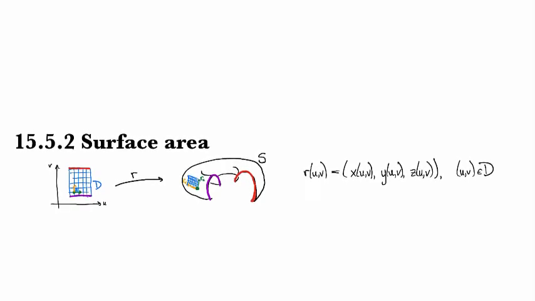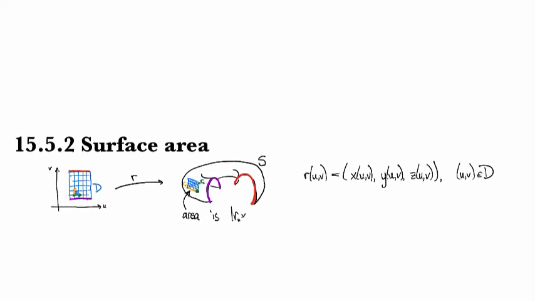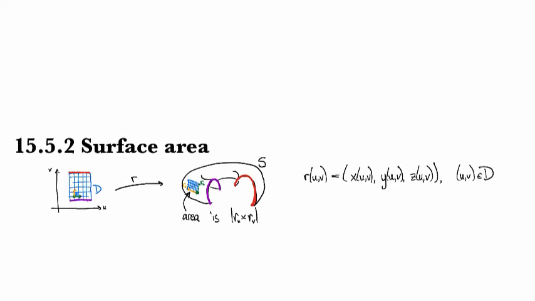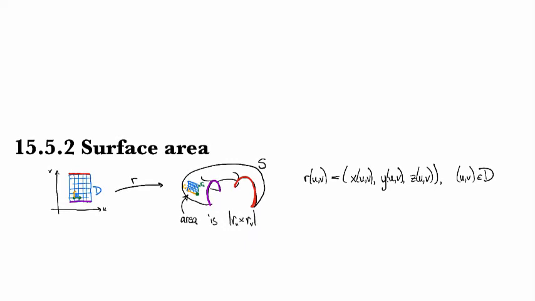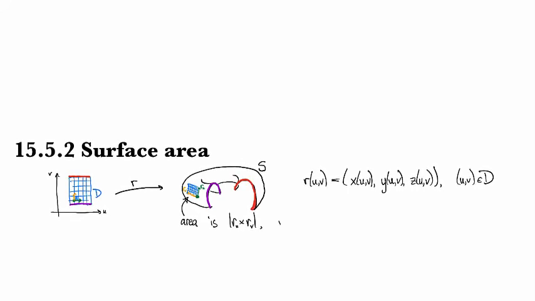And the area here is going to be the magnitude of R_u cross R_v. Remember, one of the properties of the cross product is that the magnitude of the cross product vector is the area of the parallelogram spanned by those.